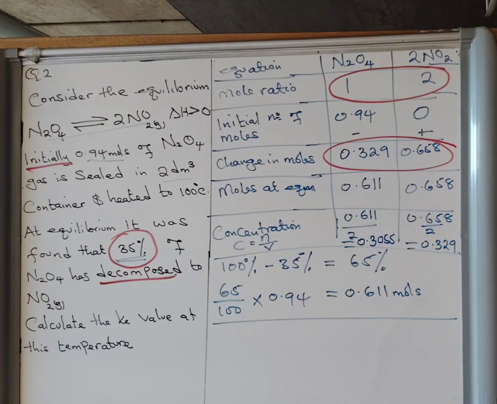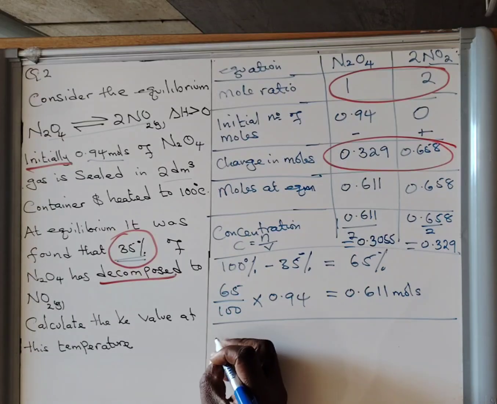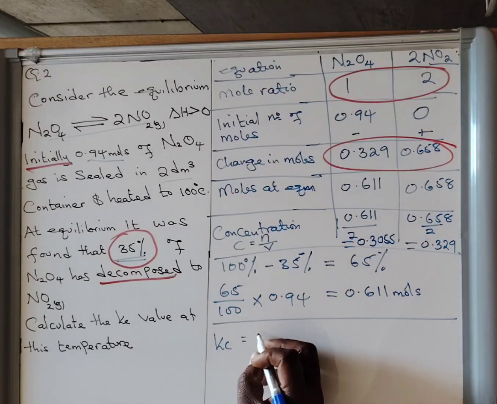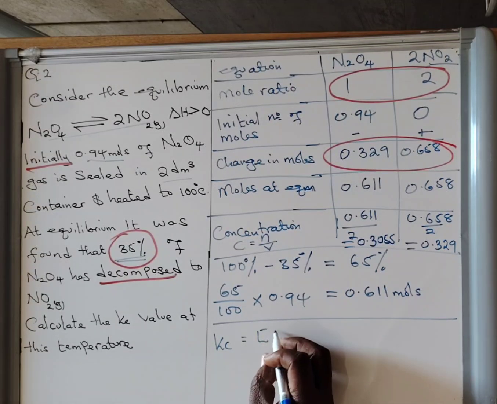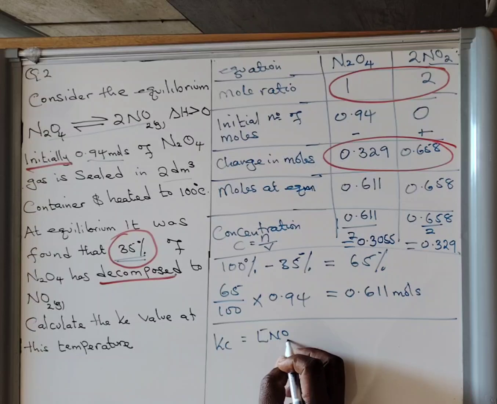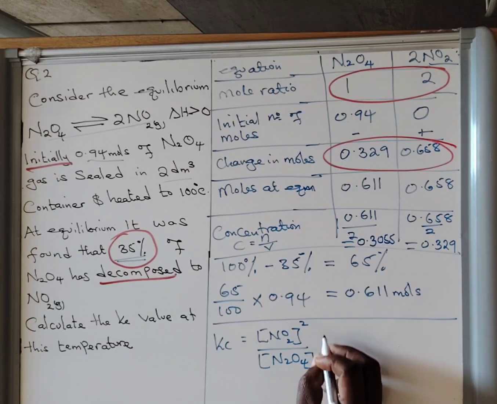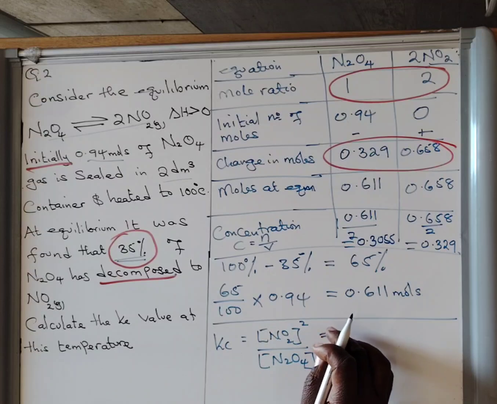So what comes next is the expression. We have to remember that Kc expression is equal to the products raised to their power, which is NO2 squared, over N2O4. This one will give you, what's the concentration?